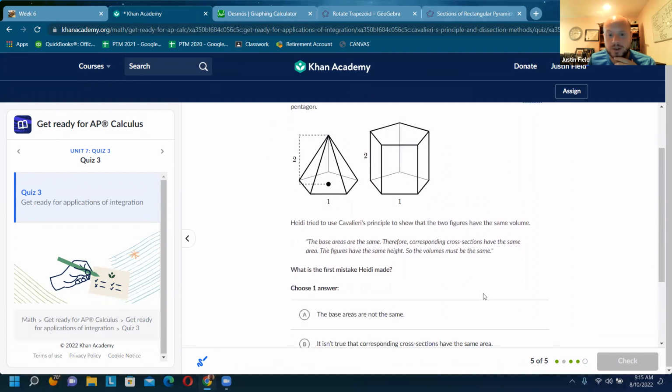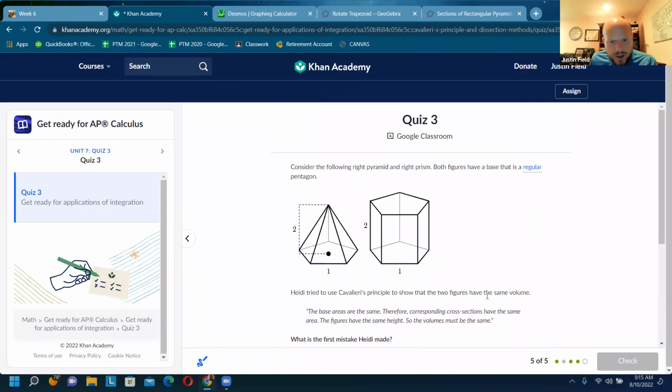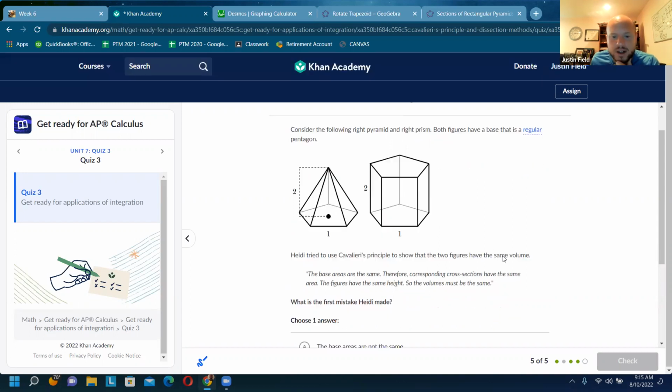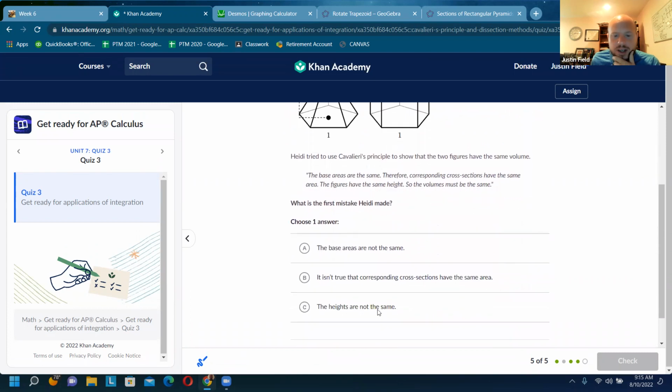Cavalieri's principle. All right, I better do this one. And I better read the problem. Consider the following right pyramid and right prism. Both figures have the same base. That is a regular pentagon. I see that. Heidi tried to use Cavalieri's principle to show that the two figures have the same volume. Why would she do that? They're different shapes. The heights are the same.